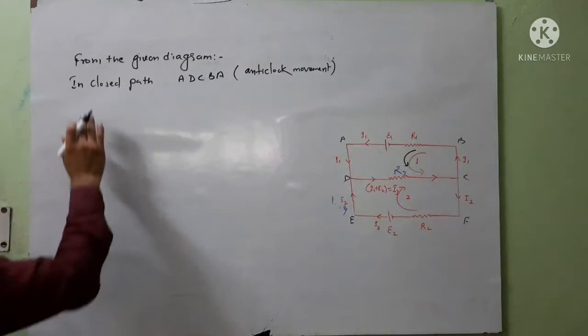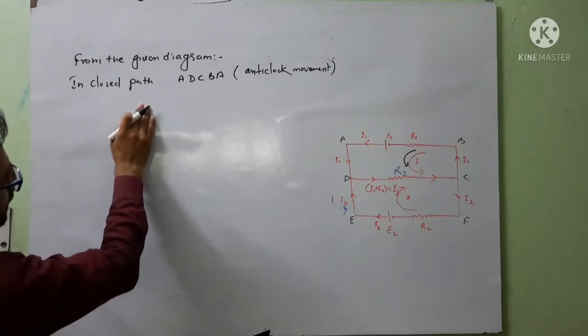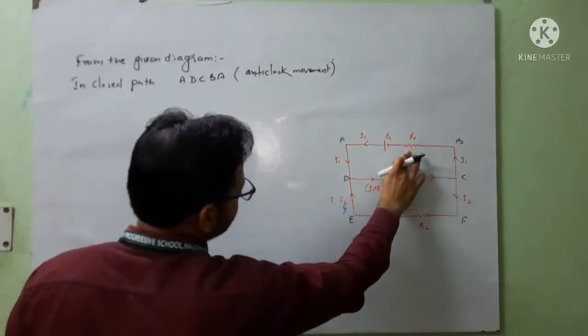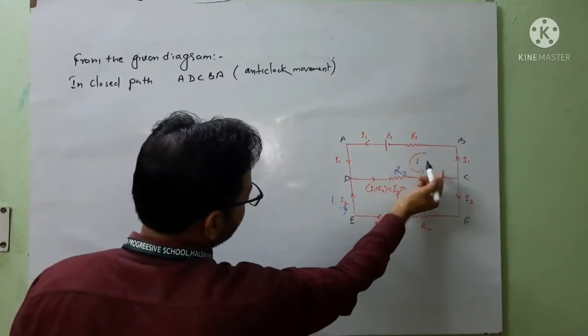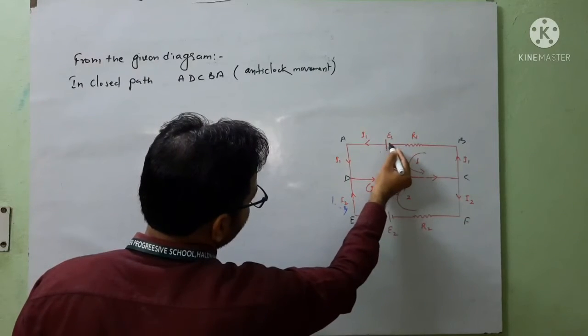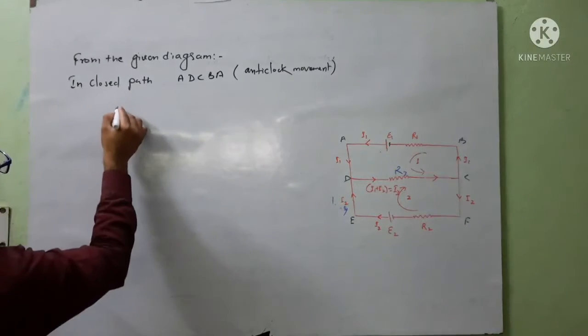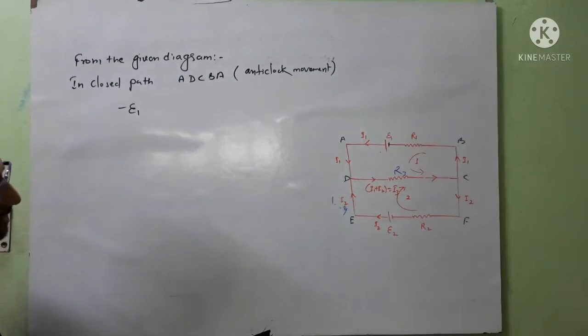Okay, so from this diagram you can see here the movement is anti-clockwise as we have discussed, and by using sign convention, if one moves from negative to positive of a cell, then E1 will be negative, as I told you.